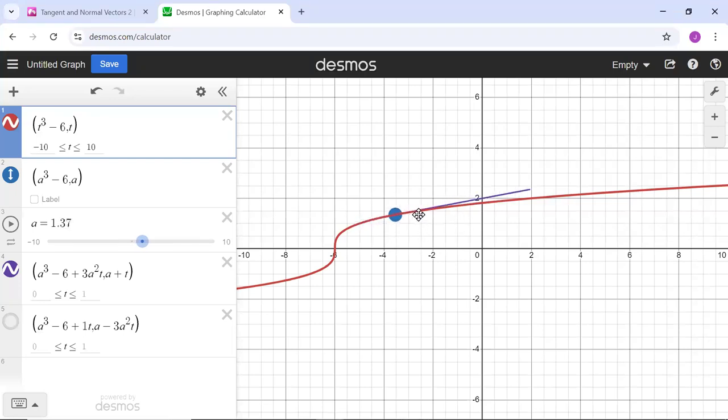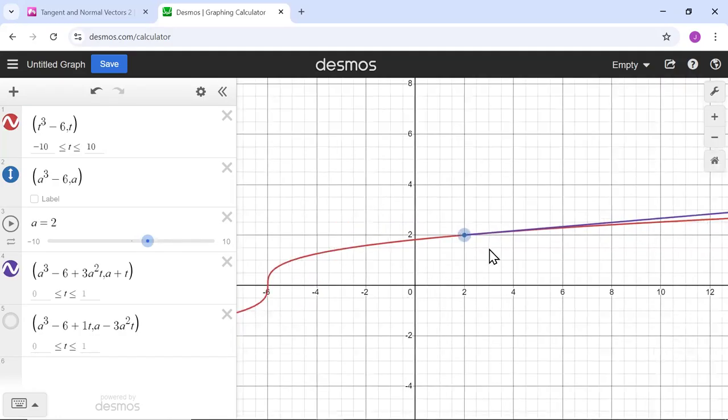So this is what I'm getting. I'm getting a point on this graph. This graph kind of looks like something to the third, x equals y to the third. And as you move this point along, this tangent vector you can see in purple. Let me move it to a specific value. Let's say my point on the graph is at 2, 2.